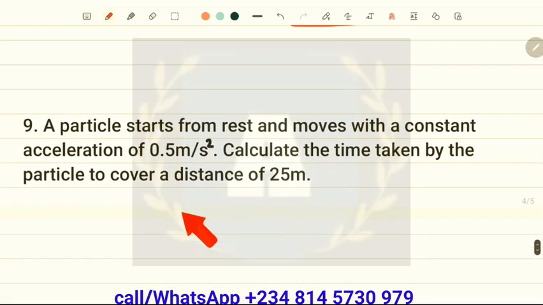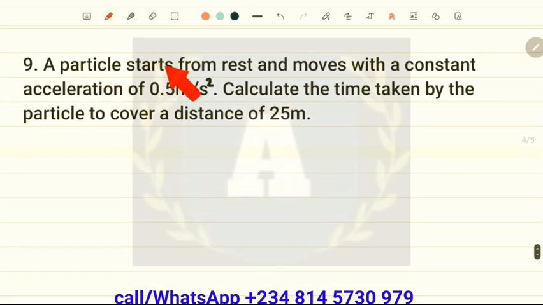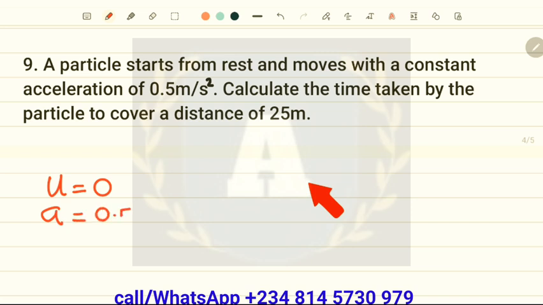Okay, quick one. We have the next question, which says a particle starts from rest. Whenever a particle is starting from rest, the initial velocity is always 0, and moves with a constant acceleration of 0.5 meters per second square.